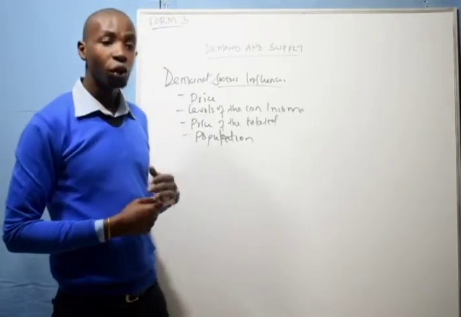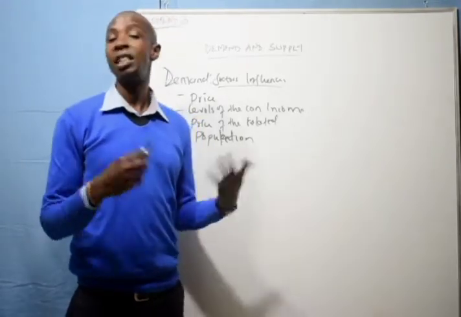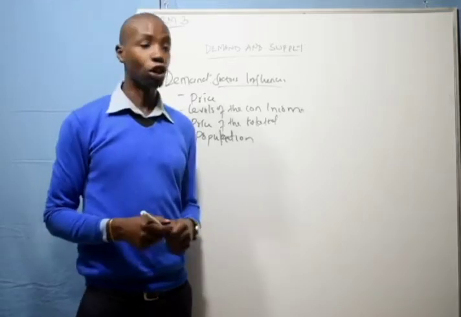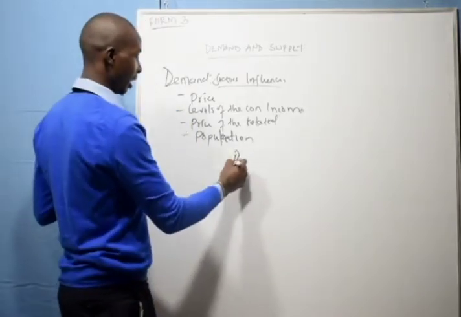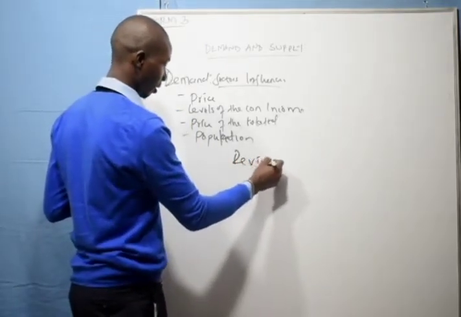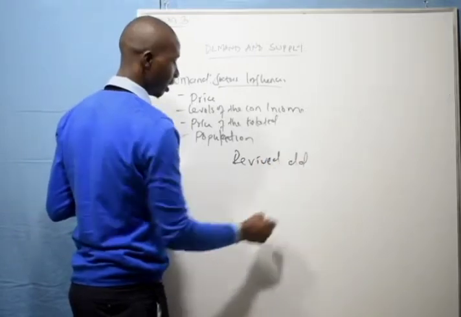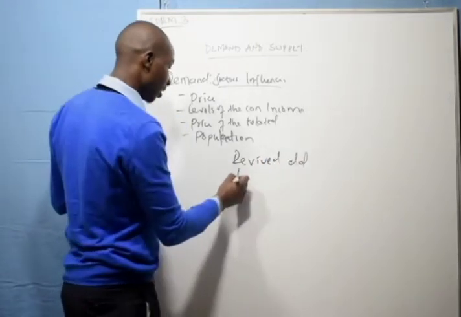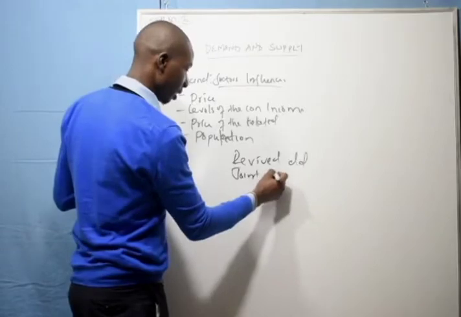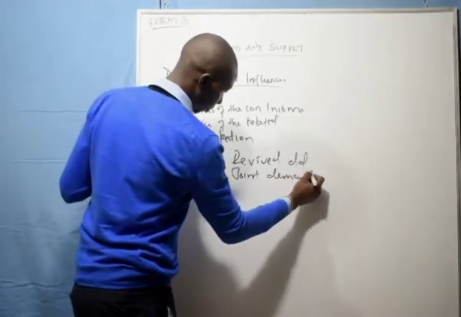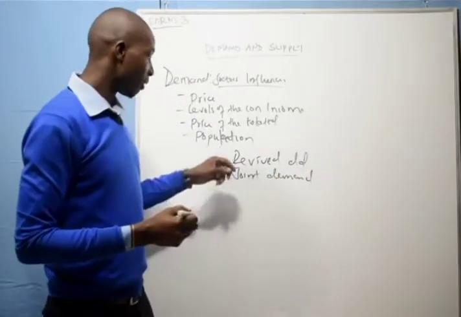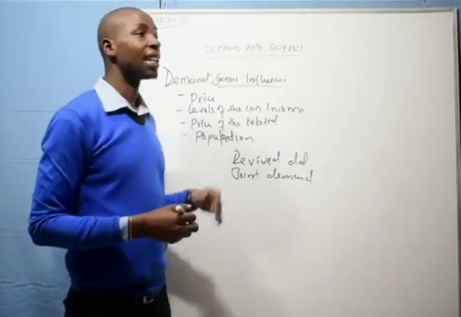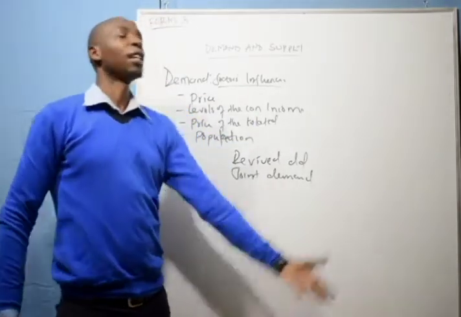Let me also show you, there is something called derived demand and joint demand. When you have a derived demand, this is a demand that is caused by a demand of some other thing.